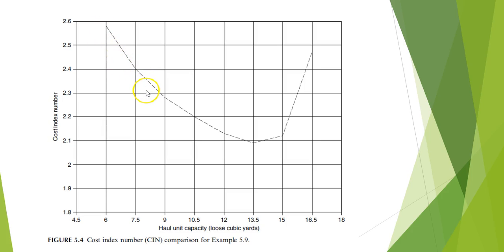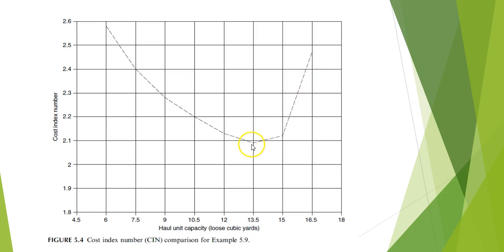But as you increase the haul unit capacity, that cost index number comes down and really minimizes out at about 13.5 yards haul unit capacity. After that, even having a bigger truck with more capacity, because of the extra cost to the vehicle, your cost index goes back up.